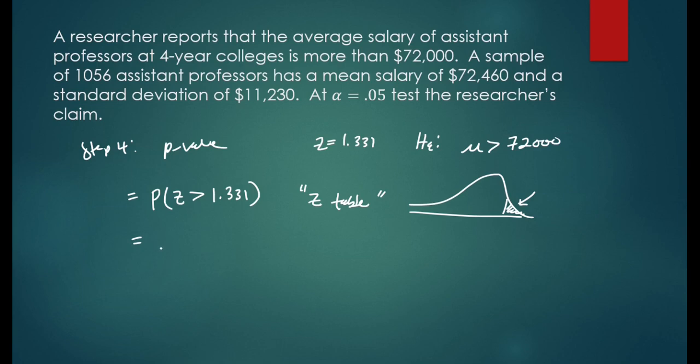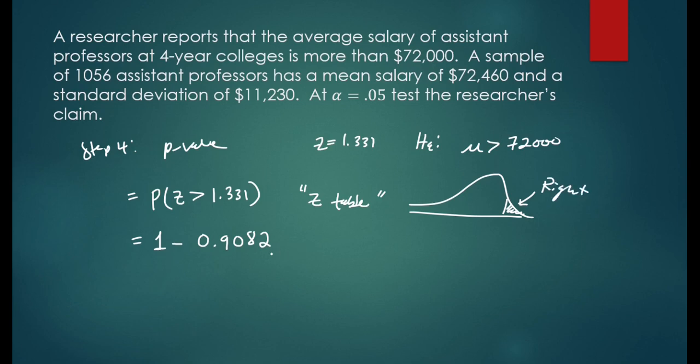Using our z table, we get 1 minus 0.9082. Remember, I have to subtract from 1 because this is the area to the right.